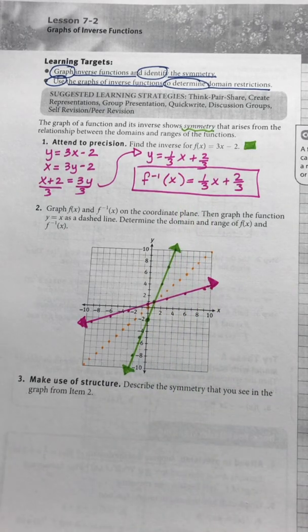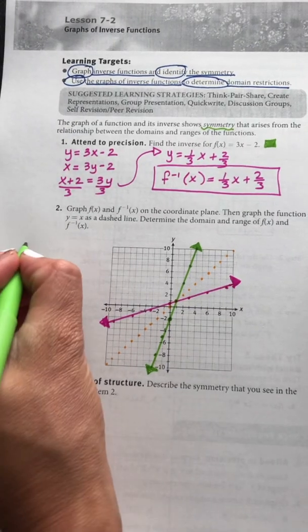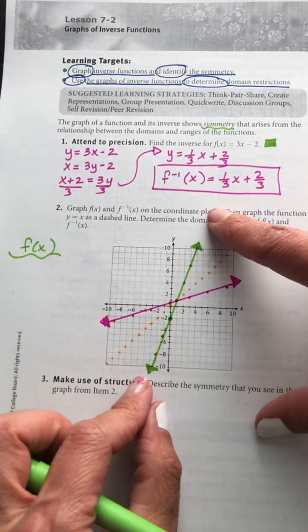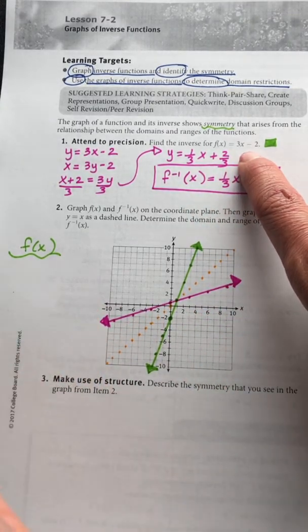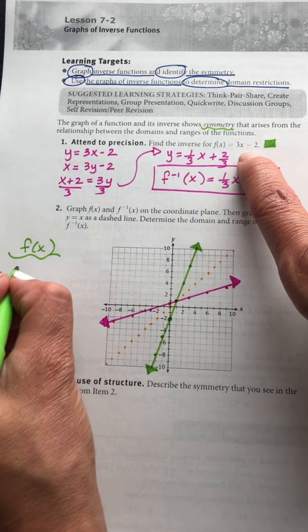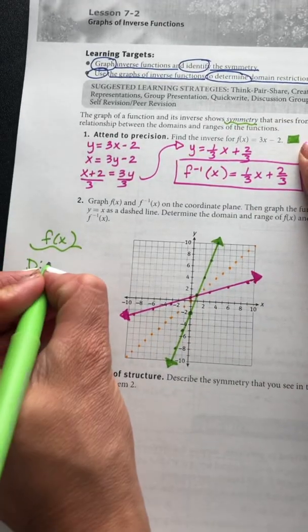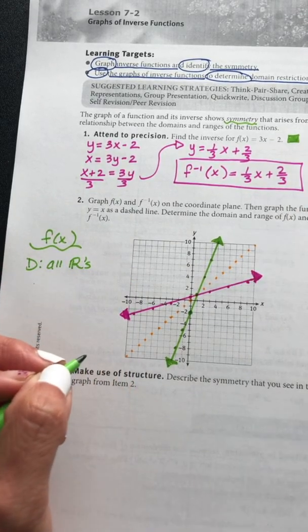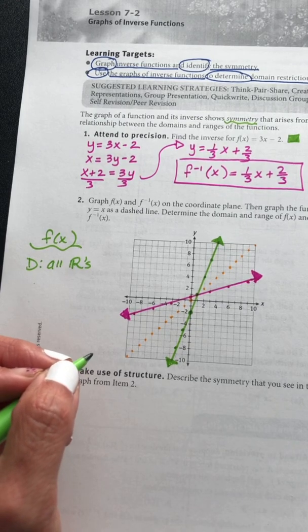It's undefined. All right, so let's write the domain of f of x. Since I don't have to restrict anything, I can use any x value I want to plug in to f of x to find whatever y value. So that means when I can plug in anything I want for x, the domain is all real numbers. And we use this fancy looking capital R with the double line on the side that signifies the real numbers.